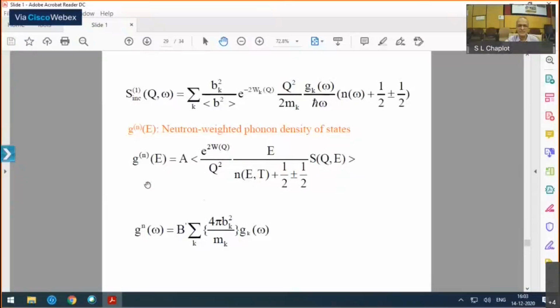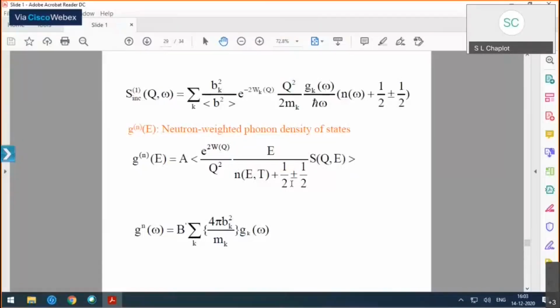Okay, here it is just written in terms of energy. So essentially you divide by the corresponding population factor. Once again, this plus minus is whether you are doing it in neutron energy loss mode or neutron energy gain mode. One uses appropriate terms. However, here there is a major complication. The complication arises because of the Debye-Waller factor. It is not a constant.